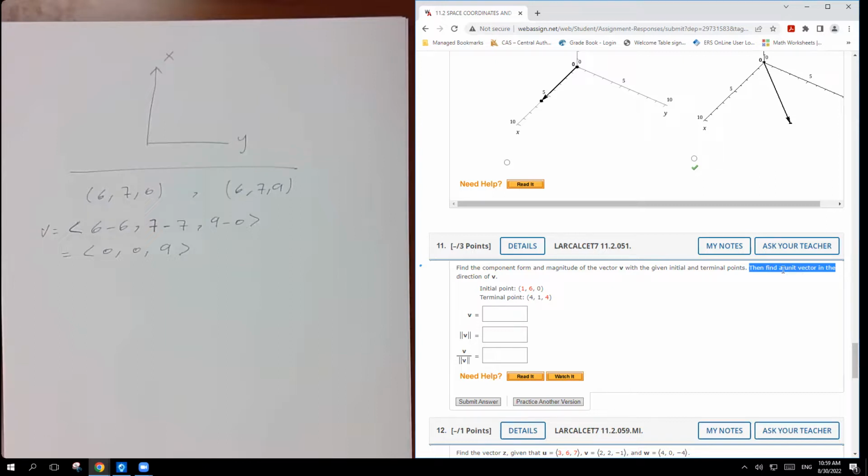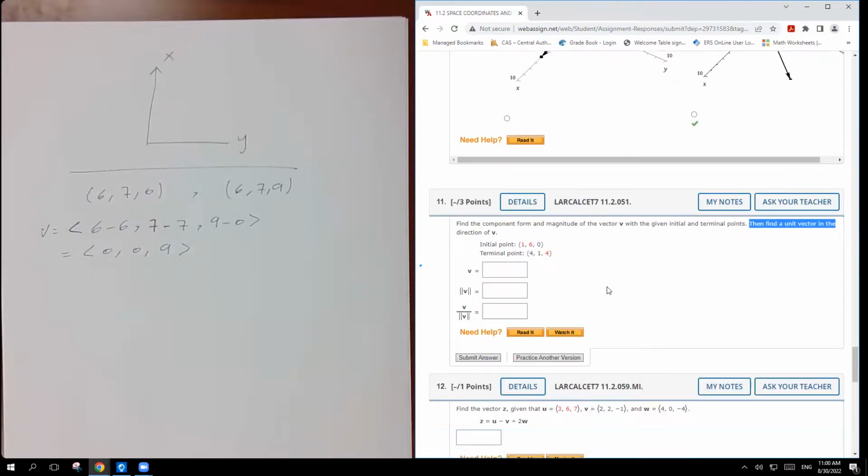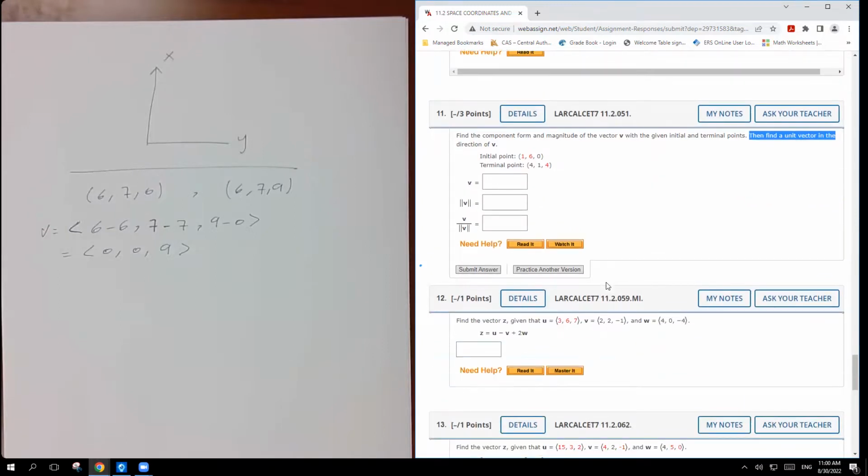If it's a unit vector, the length is always supposed to be 1. So here is the initial point and here's the terminal point. First, you find the vector V, then you find the magnitude, which is the length. Then you divide the vector by its length. They give you all the steps, you just have to do them one by one. Let's go to the next one.